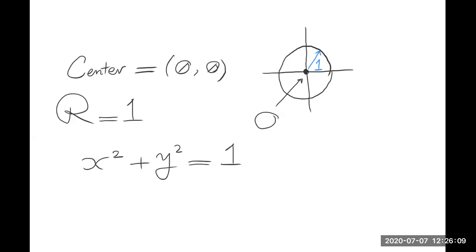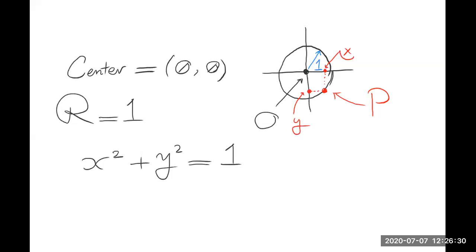What does this mean? It means any point you take on this circle, say this point here, P. If you look at the x-axis, you would get a number here, x. If you look at the y-axis, you would get a number here, y.